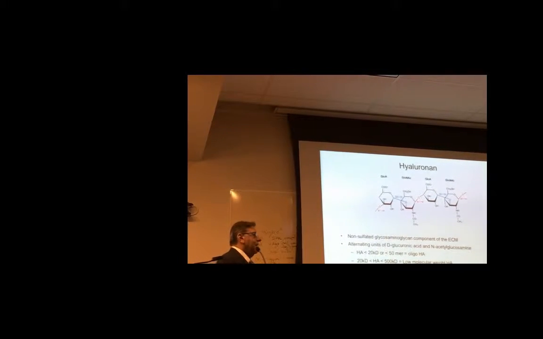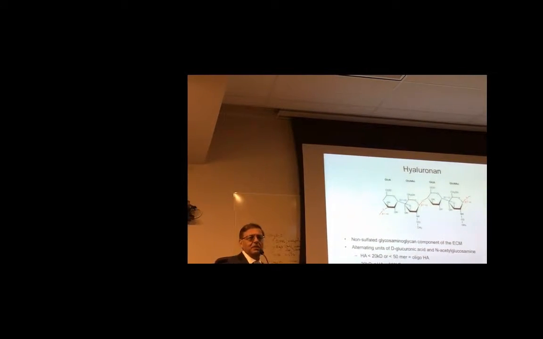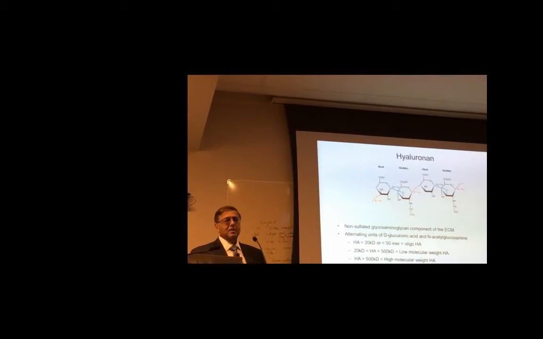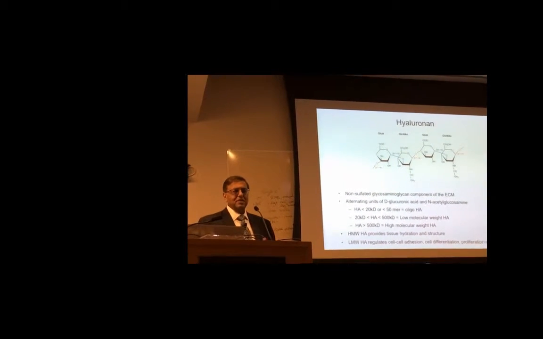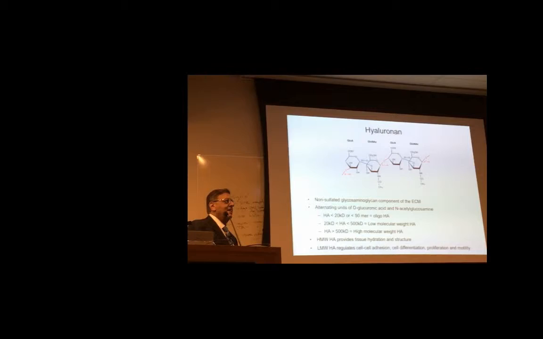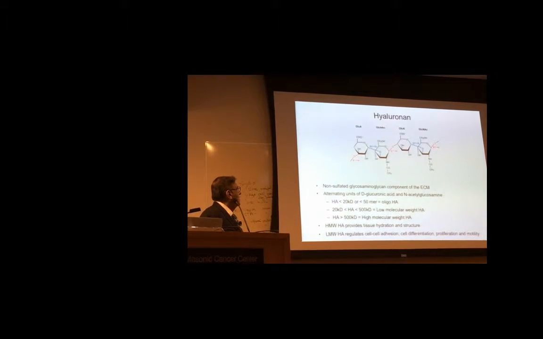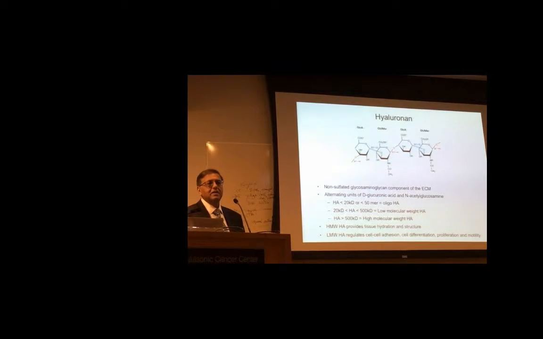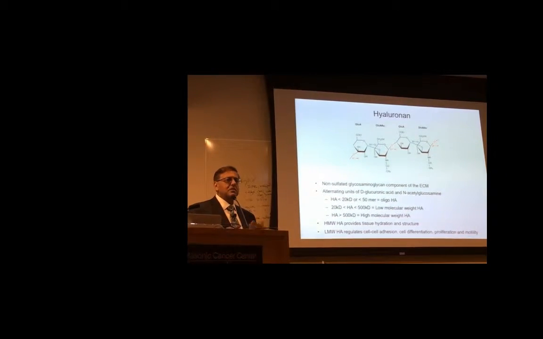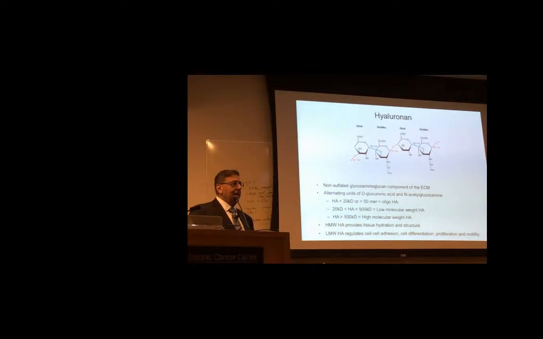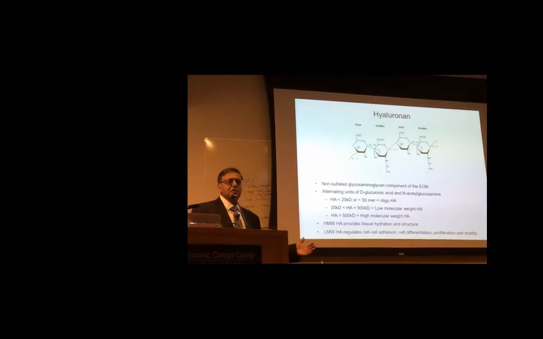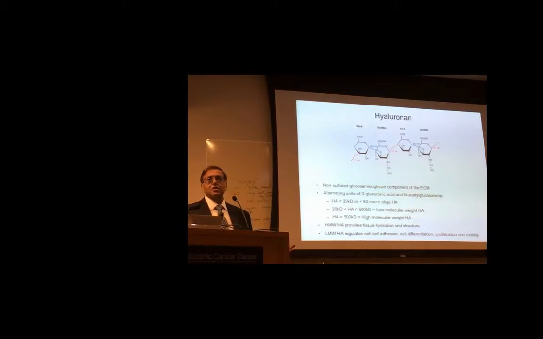Okay. So I have been studying hyaluronan for 25 years now. It's a very simple molecule. It's glucuronic acid and N-acetylglucosamine, 2 sugars in tandem, and you can get small fragments and you can get large fragments. It's really a sugar polymer.